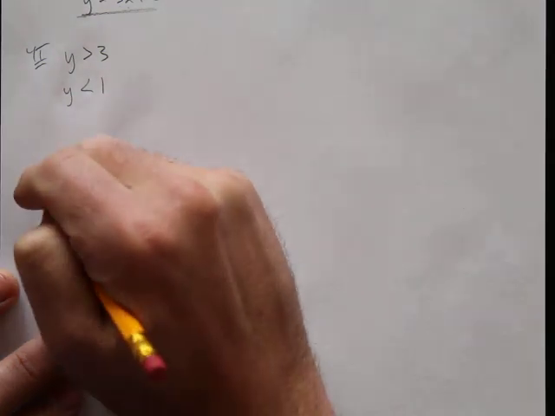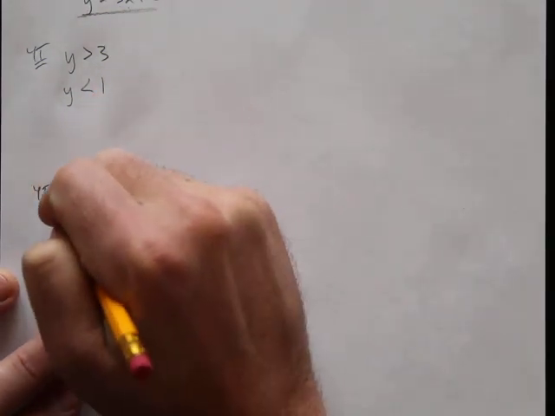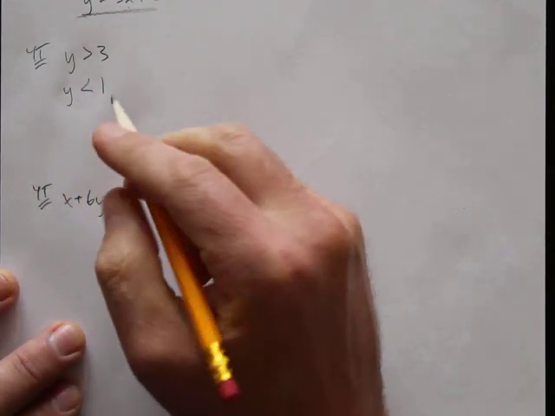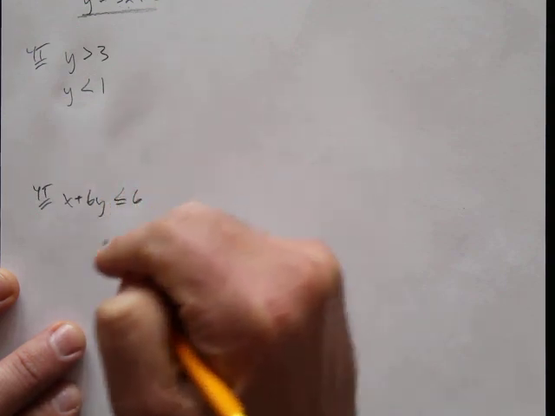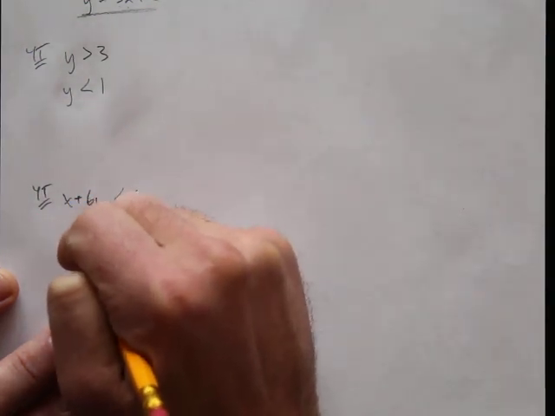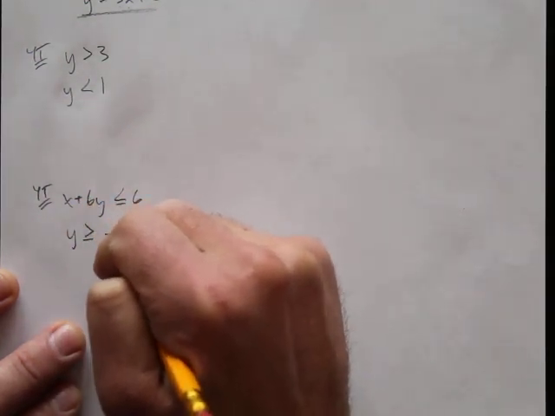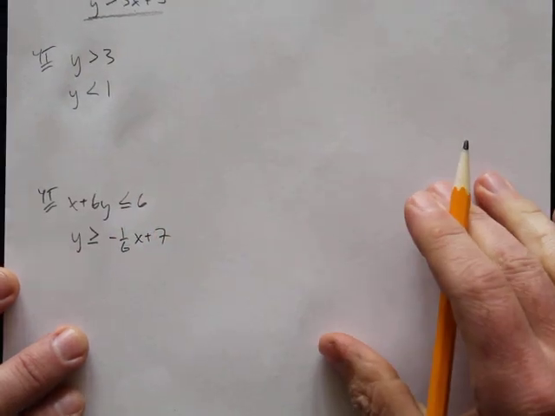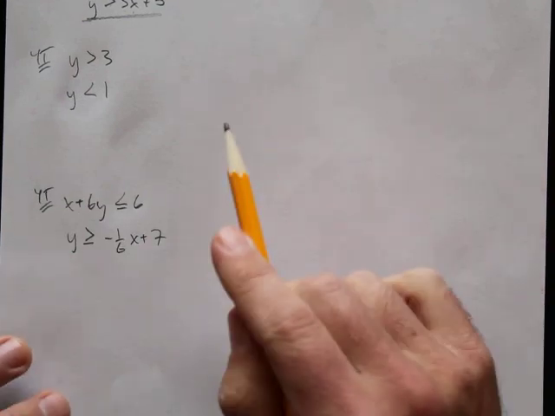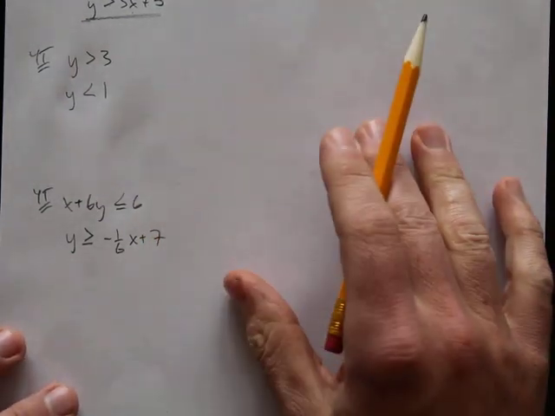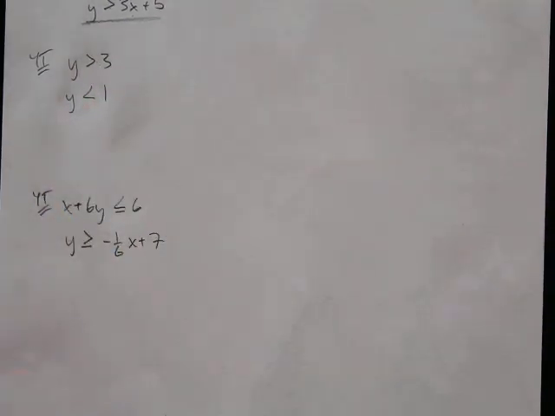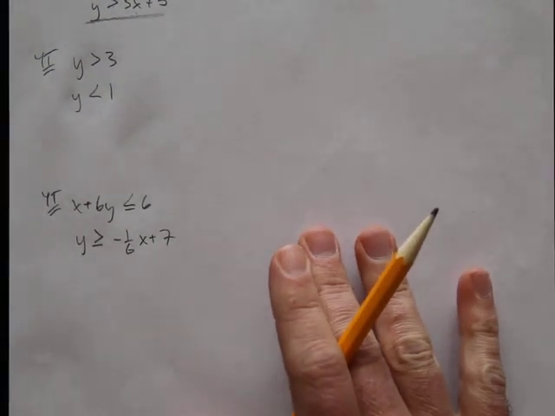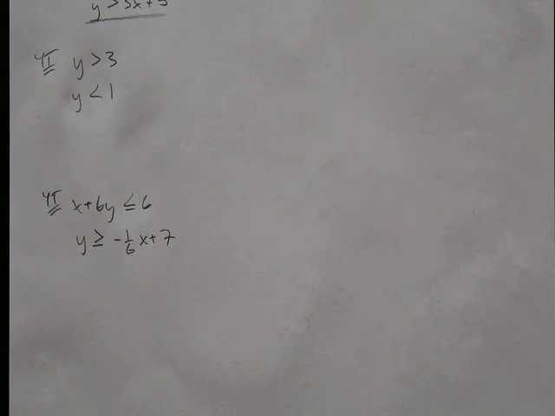Also, U try, x plus 6y is less than or equal to 6, and y is greater than or equal to negative 1/6 x plus 7. Okay, 2 U tries. They might both end up with no solution. I don't remember. Go ahead and try both of these, and we'll work them out together in a minute. Pause and go.